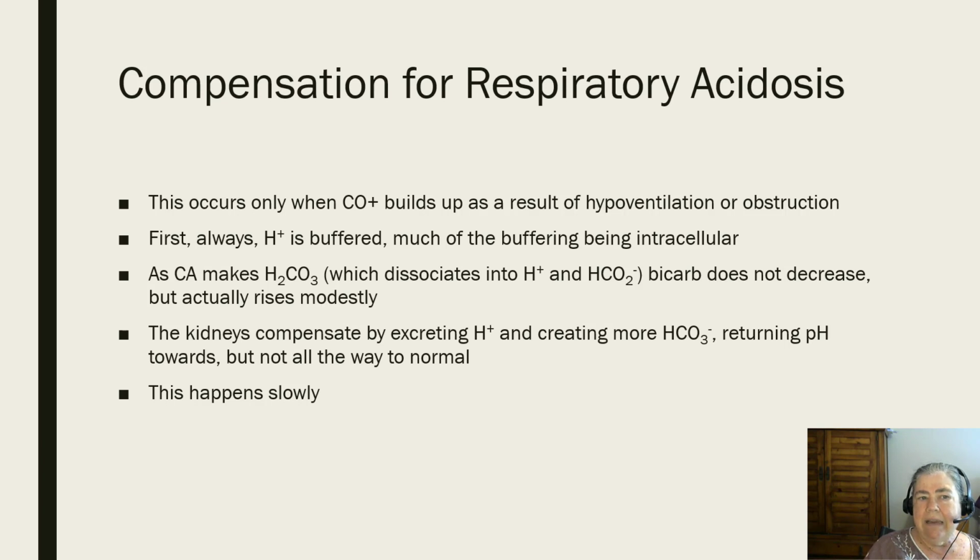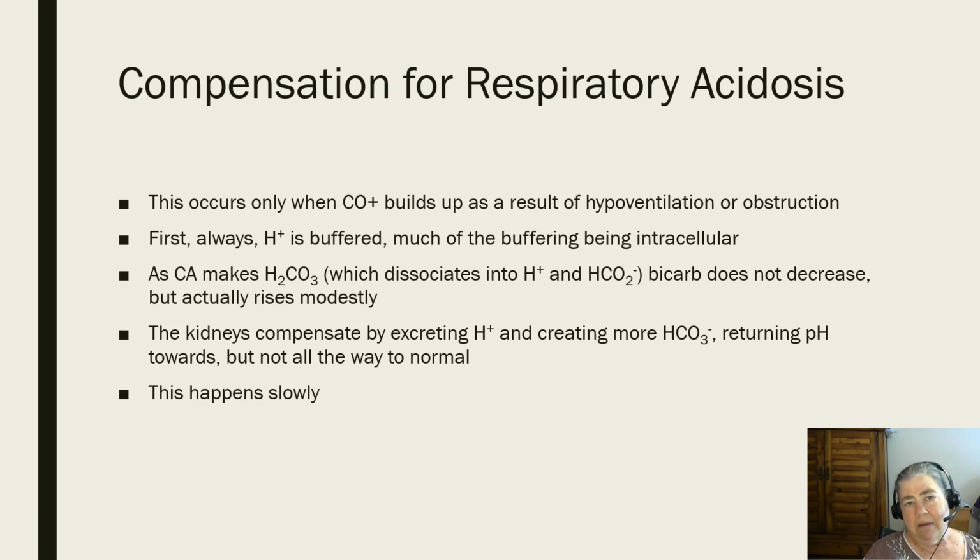We compensate for respiratory acidosis when CO2 gets high, and that should be CO2, not CO plus. So if CO2 builds up as a result of poor ventilation or obstructive disease, chronic obstructive pulmonary disease or asthma, there will be increased hydrogen ions from the carbonic acid. Much of it will be buffered. Some of the buffering is extracellular.